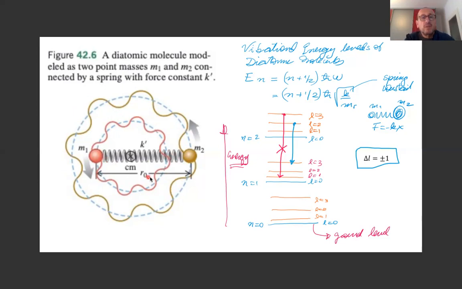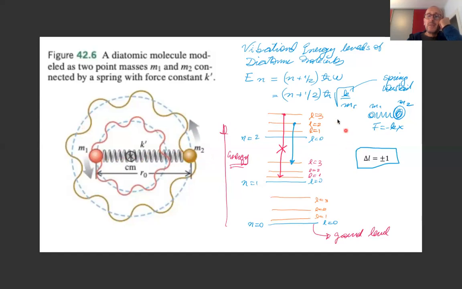So even though the origin of the interaction between these two atoms is through electromagnetic interactions, you can always model that as a spring constant, just by taking the second derivative of the potential and finding out what it is.